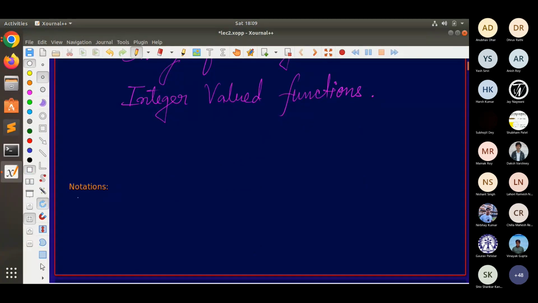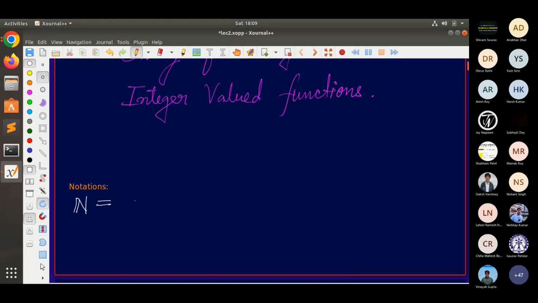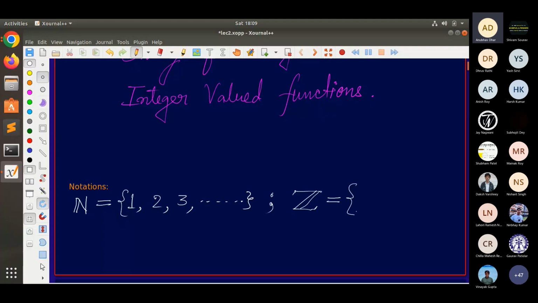Starting with this notation, I think everyone knows what this notation is. Can someone say what this is? Natural number. Yeah, so it's the set of natural numbers: 1, 2, 3. A very related set to natural numbers. Can anyone say what Z is?